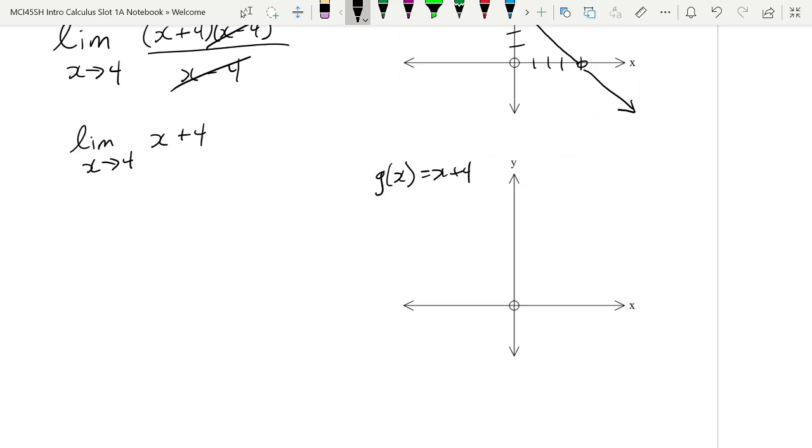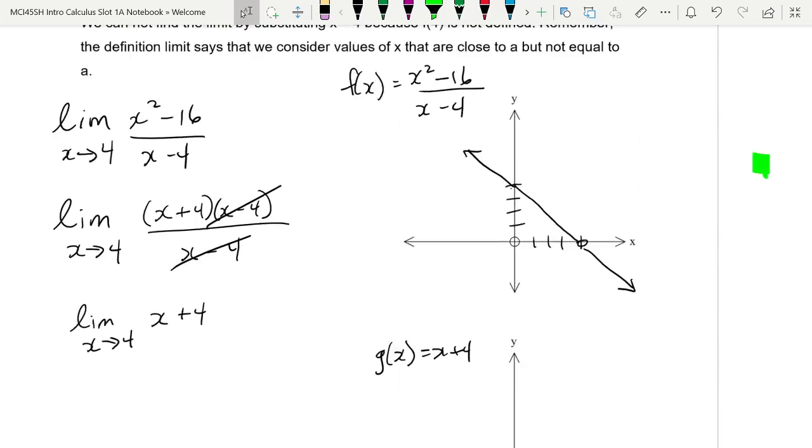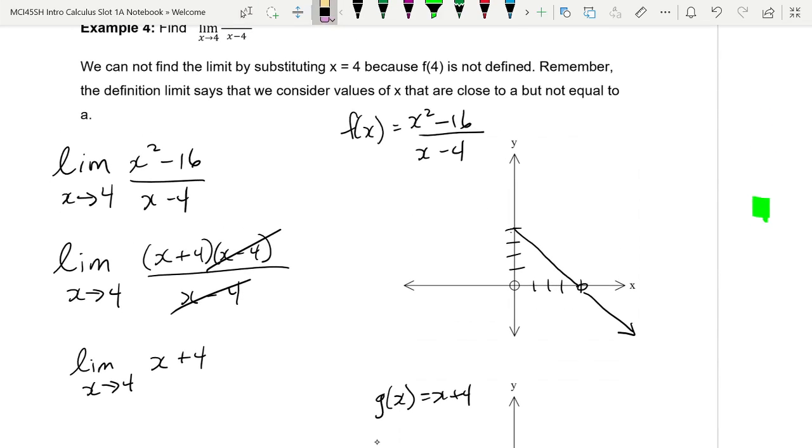Did I lose you somewhere? Oh, I've got this thing going the wrong way. Thank you. Let me fix that. That's right. It's got a positive slope. It should be going up. When x is 0, y is 4.